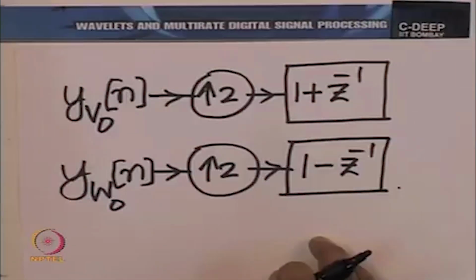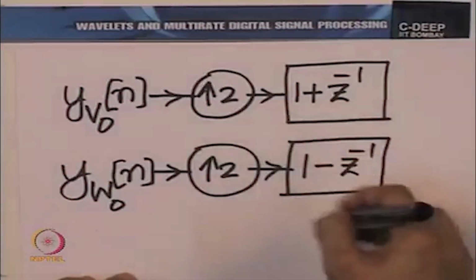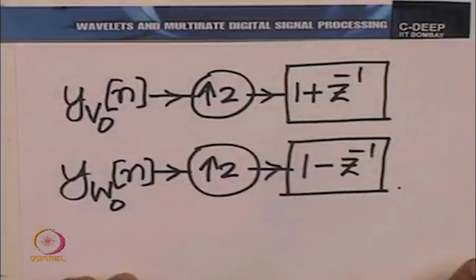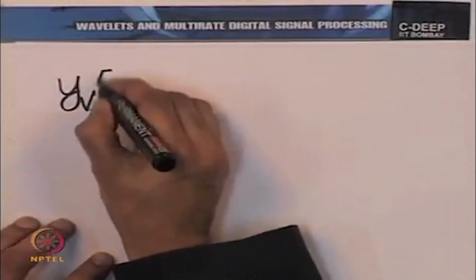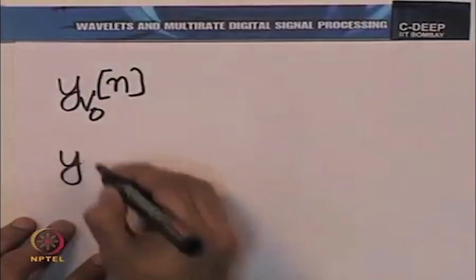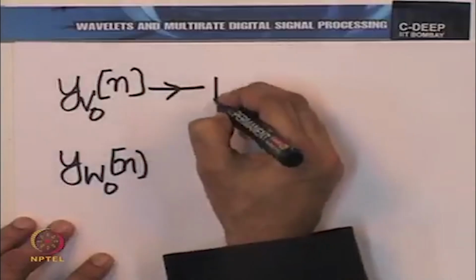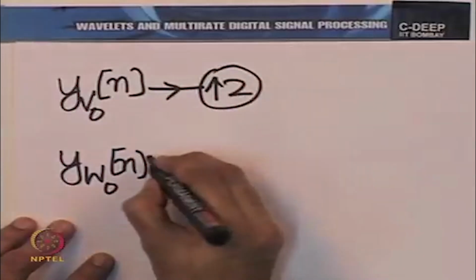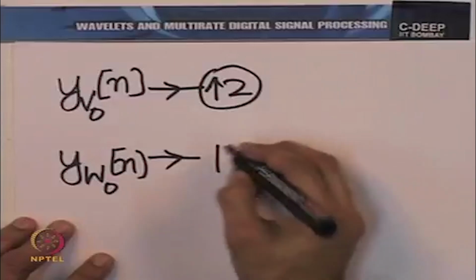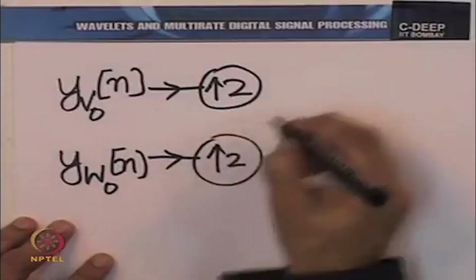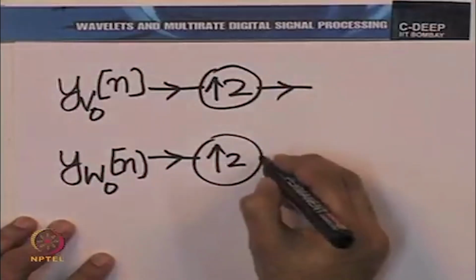Well, I think maybe it will be a little difficult to see this directly. Let me instead put it down as an operation of addition and subtraction directly. Let me make a little change in this. Let me say instead I have y V0 n and y W0 n here. I upsample them, and I add and subtract.